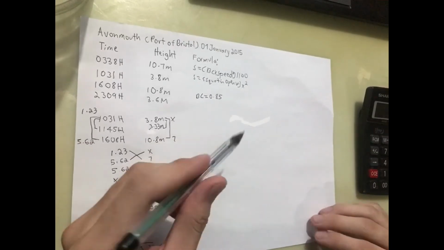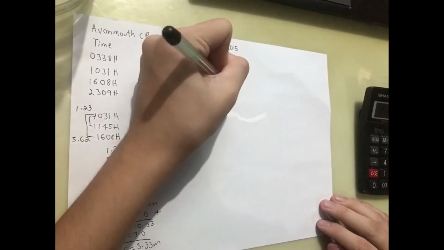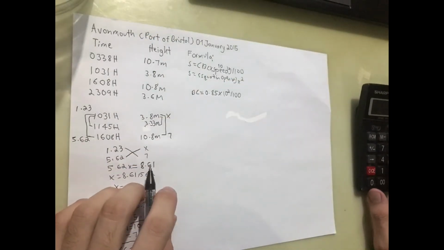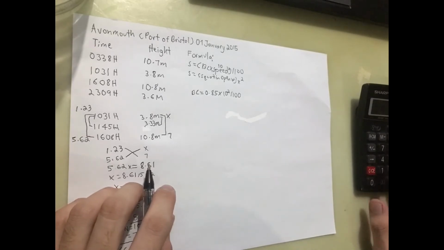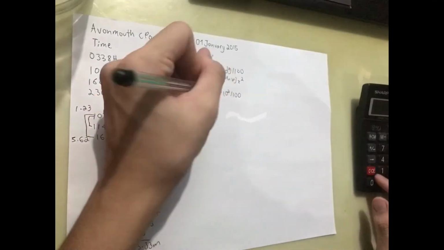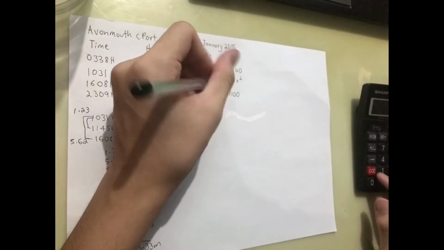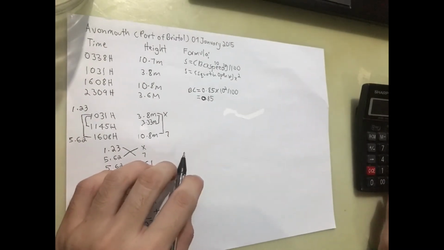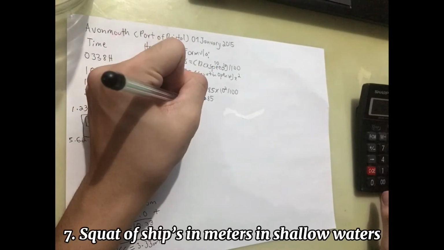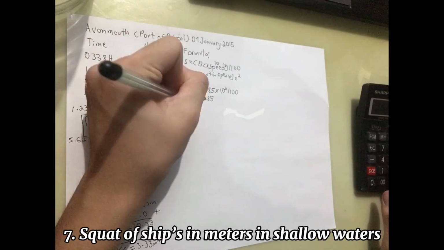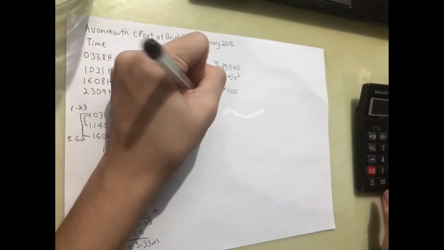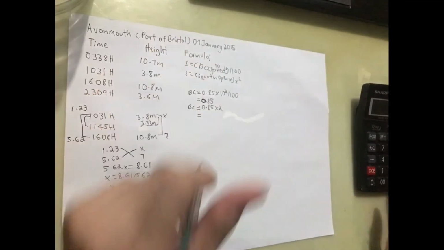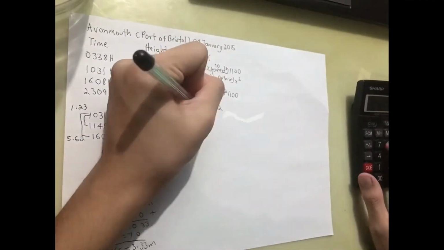Then we are using the formula that includes BC times V squared divided by 100. If we compute, the answer is 0.85. Then for number 7, squat of ships in meters in shallow waters, we are going to use the second formula, BC or block coefficient equals 0.85 times 2, and the answer is 1.70.